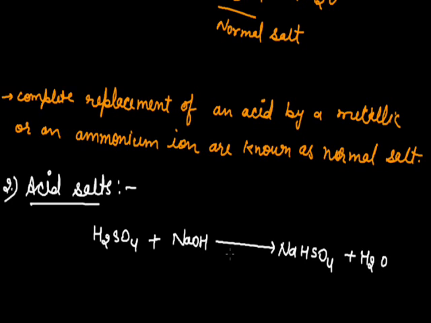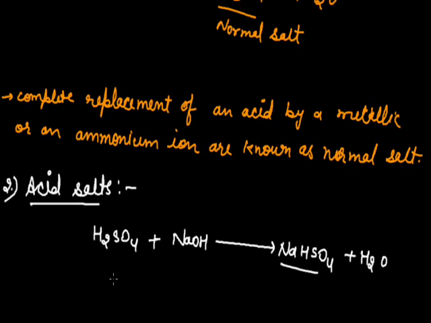So in acidic salt we can see that replaceable H plus ions are present. And due to the presence of replaceable H plus ion, that salt has the tendency to react as an acid. That means we can say that acid salts ionize in aqueous solution to produce hydronium ion. Therefore, they exhibit all the properties of acid.